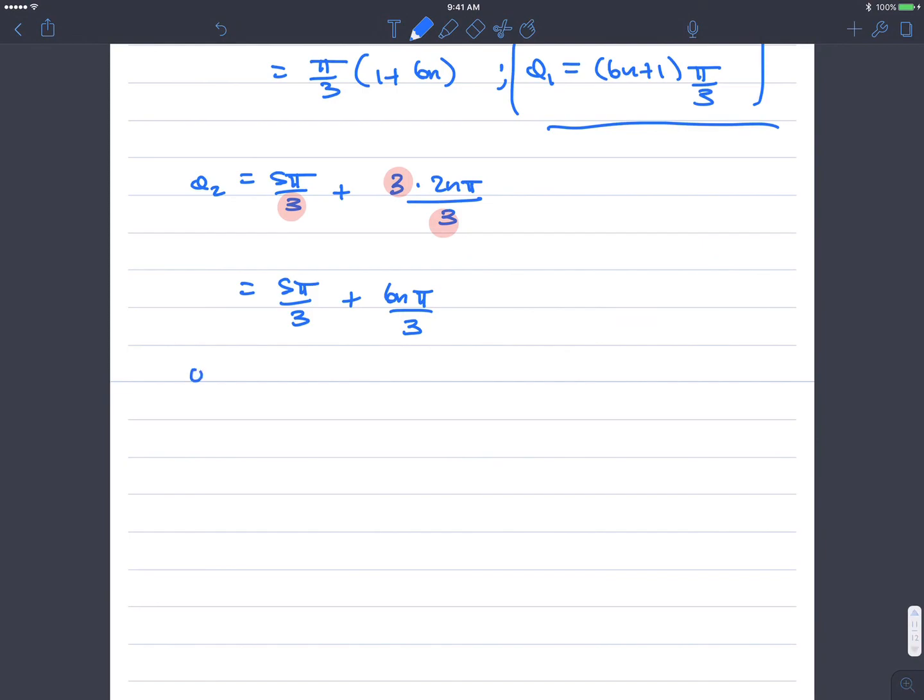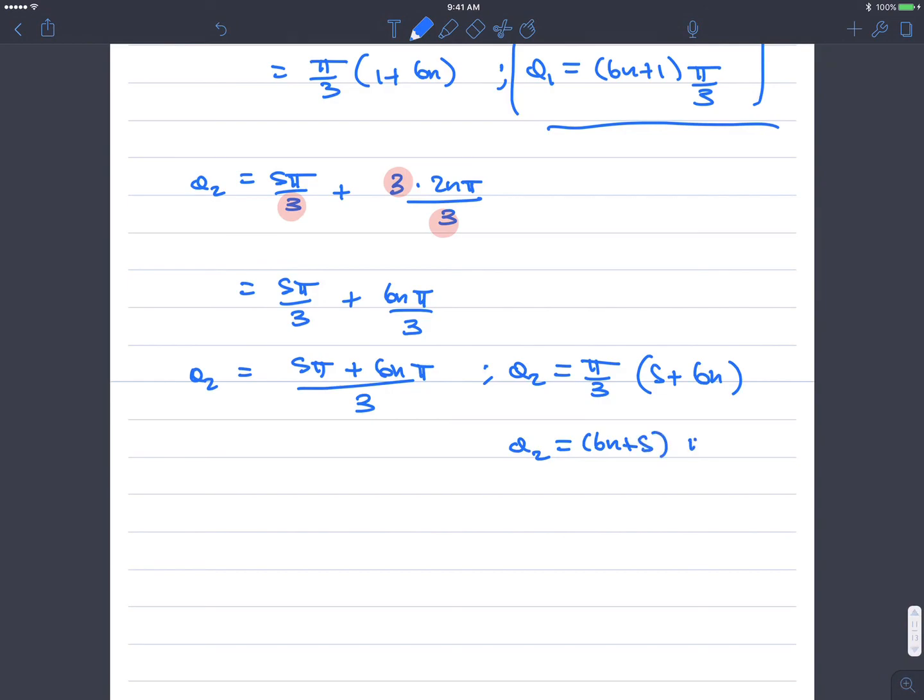And then theta 2 now will be, if we factor, 5 pi plus 6n pi over 3, or theta 2 becomes pi over 3 times 5 plus 6n. Or theta 2 would be 6n plus 5 times pi over 3.